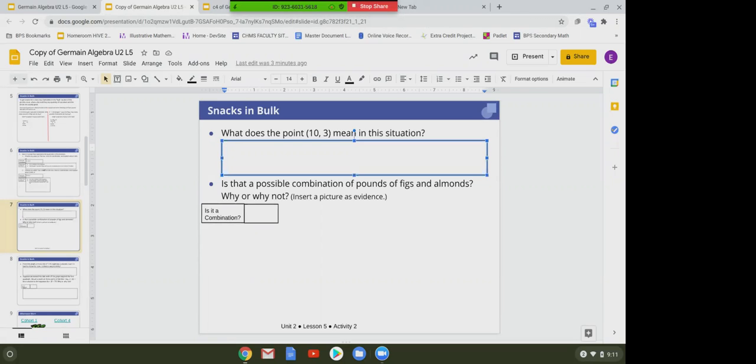Okay, we're taking exactly 1 more minute. Yes, you're going to do it on the slides. We're going to decide, what does this point mean in the context of the story, and is it a possible combination of figs and almonds? You're doing it on the slides because it's not in your textbook.